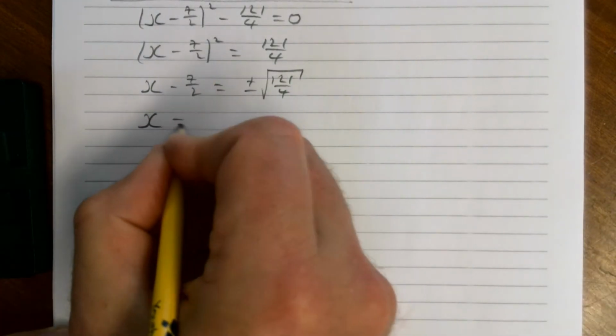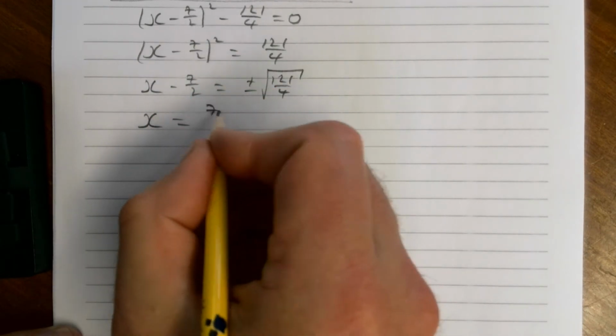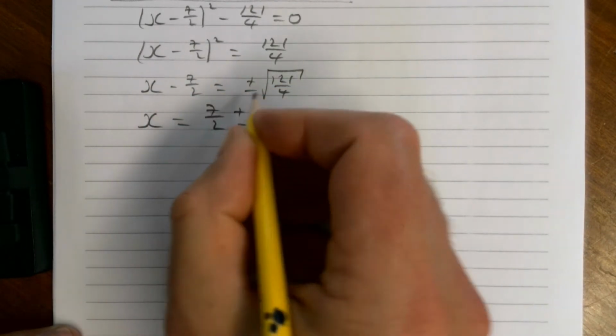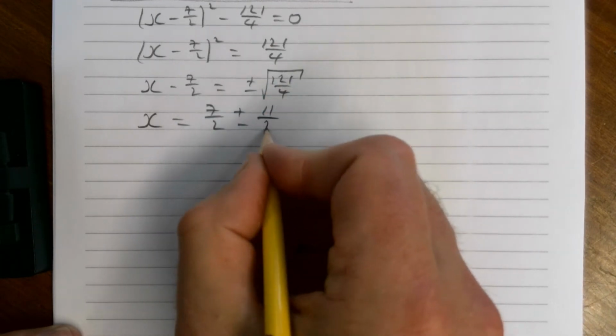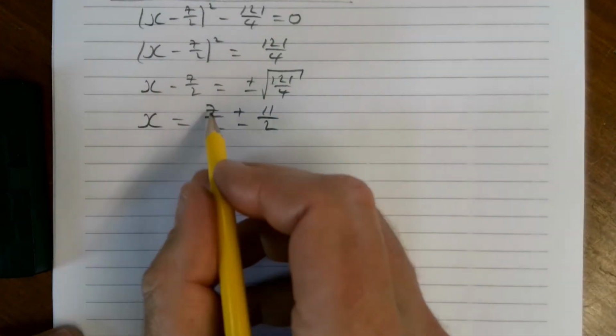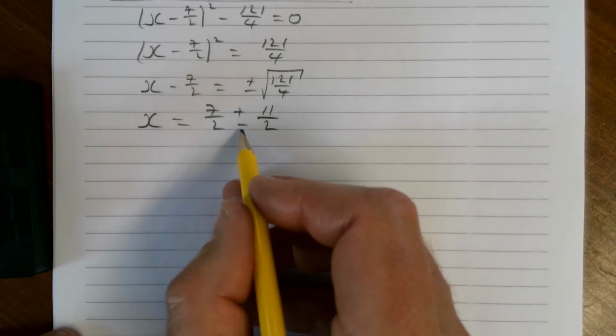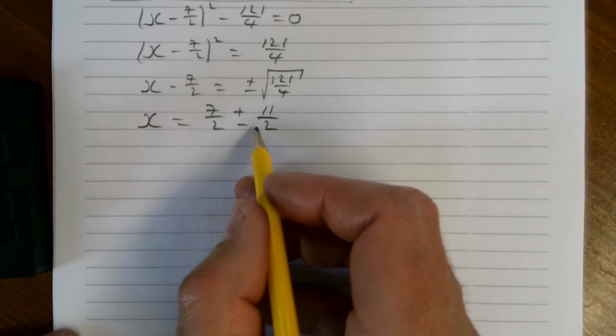And that's then going to give us, I'm going to take the 7 over 2 over, so it's going to be 7 over 2 plus or minus, and this cancels down. The square root of 121 is 11, and the square root of 4 is 2. So it's 3.5 plus or minus 5.5.